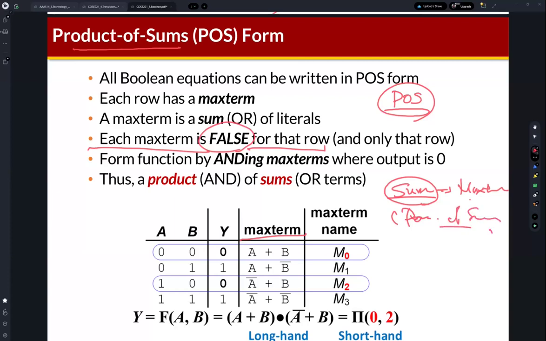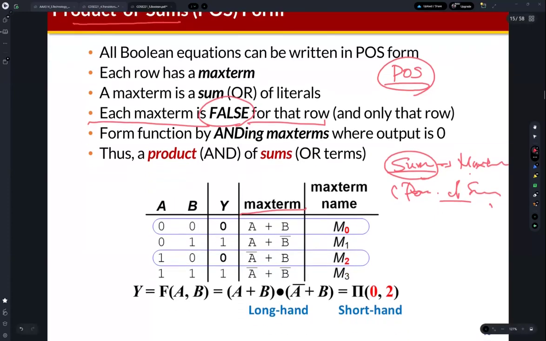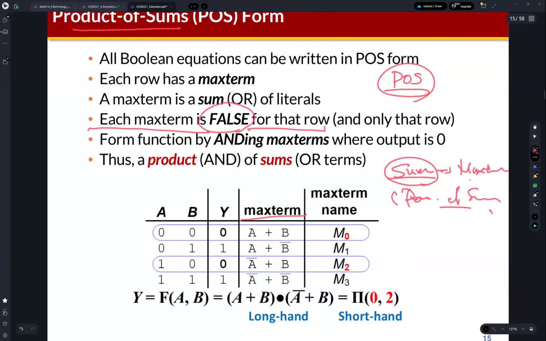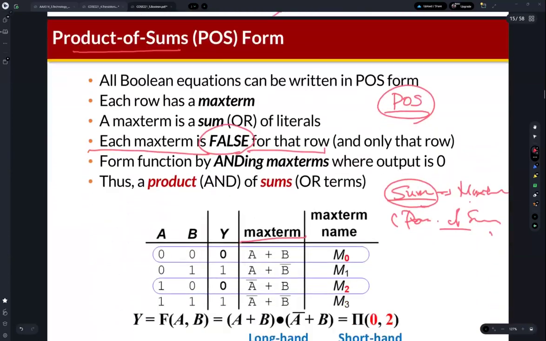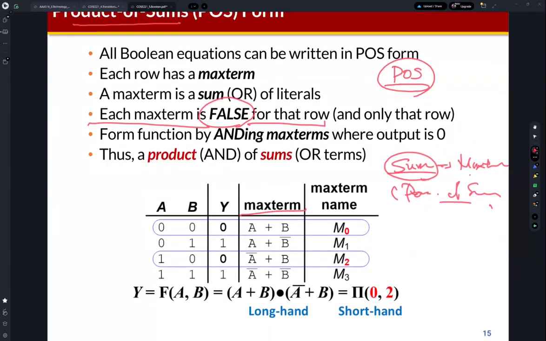But in order to make the equation, this is a little bit different, right? Actually, we need to define the max term that can make the output 0.